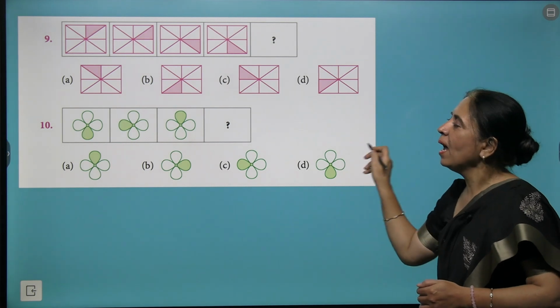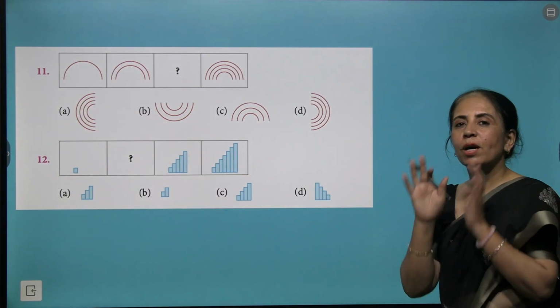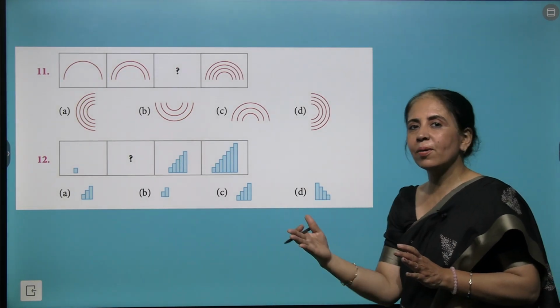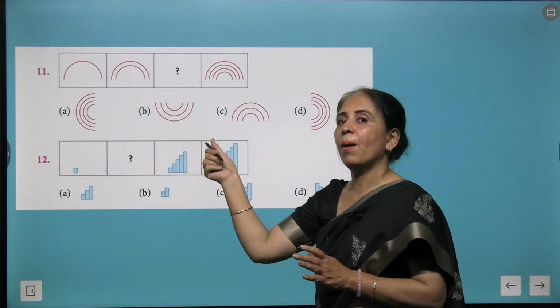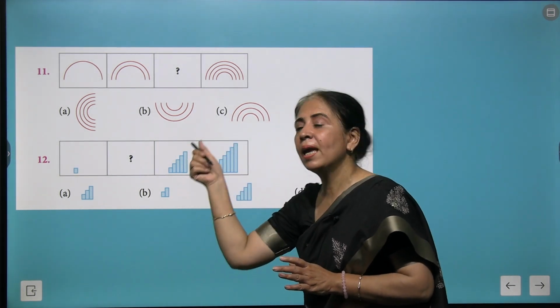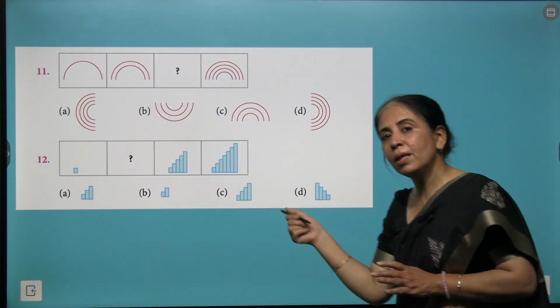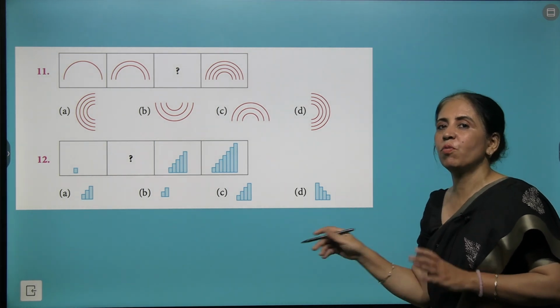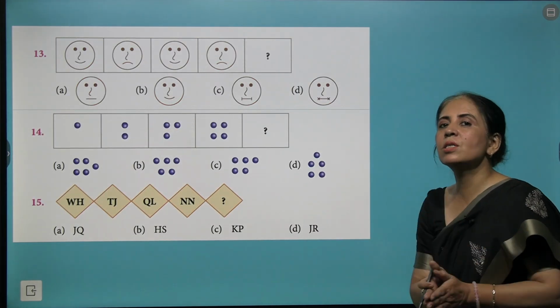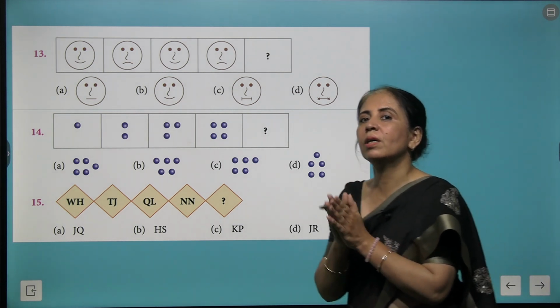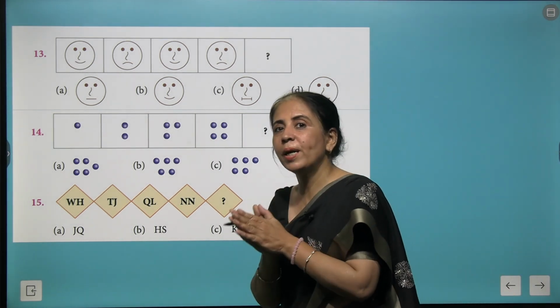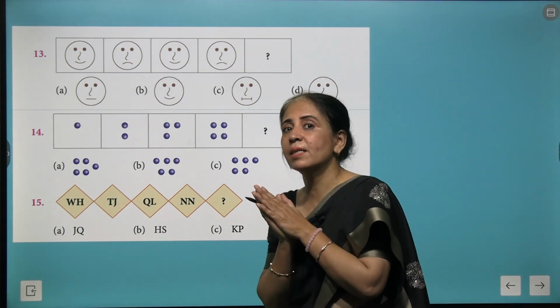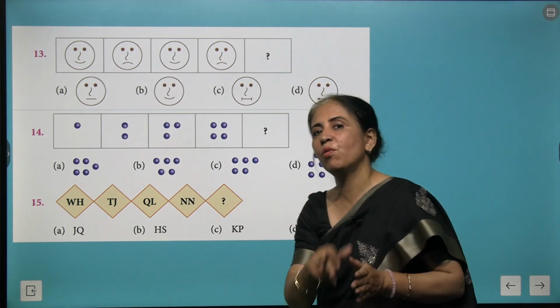So again, I would recommend you to think about what is increasing here. Yes, the number of rings is increasing, and over here the number of bars is increasing. So every time just visualize the thing. It is going to improve the thought process. It is going to give you a reason why, how and when.